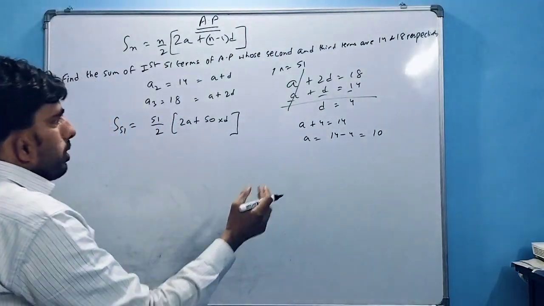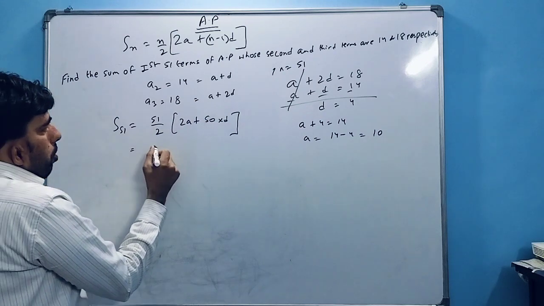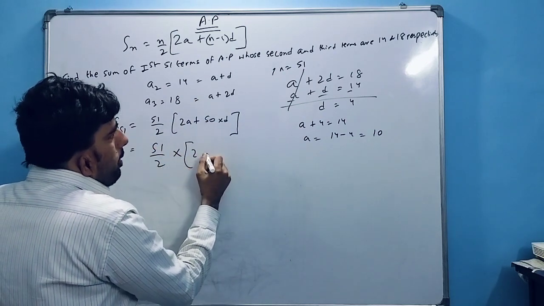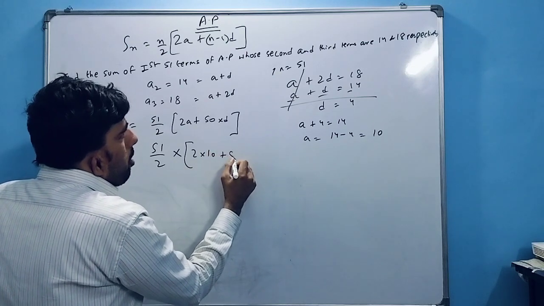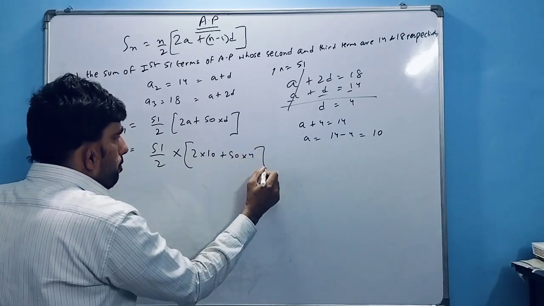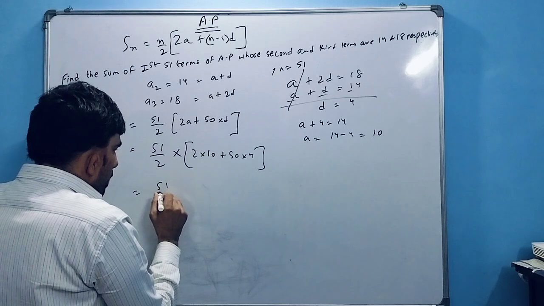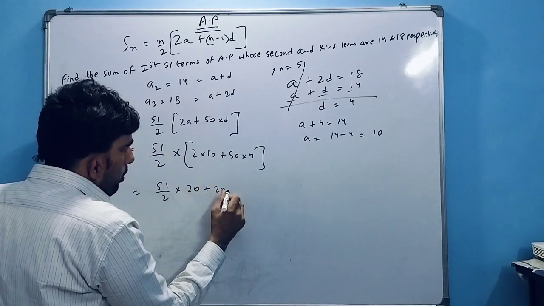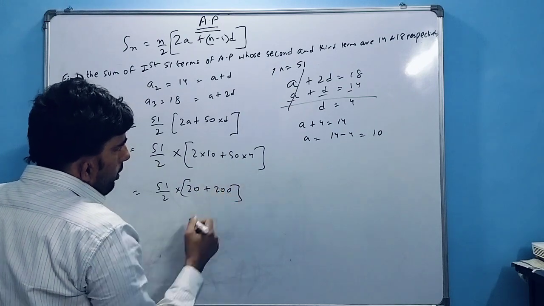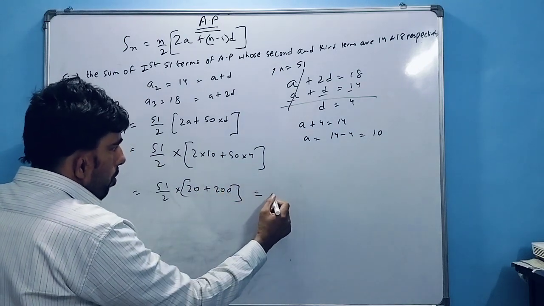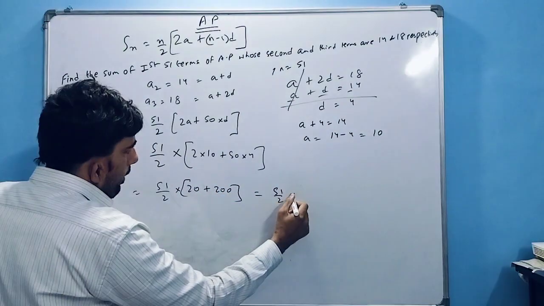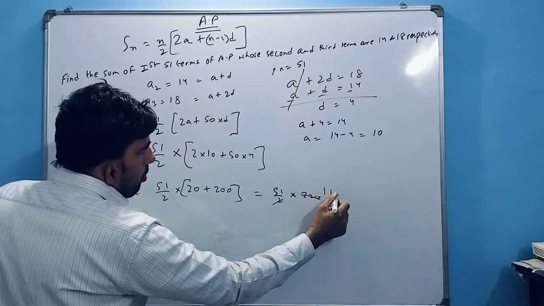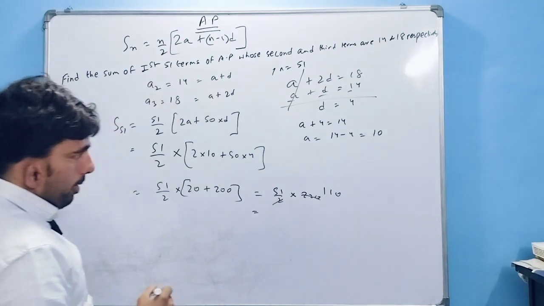Now what to do? Just put this value in this. So we got 51 upon 2 into 2 into 10 plus 50 into 4. We have 20 plus 200. You can easily see that. Now 51 by 2 into 220. Okay, so I got this.